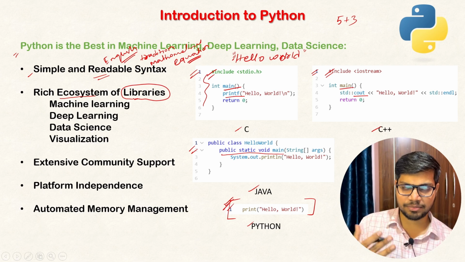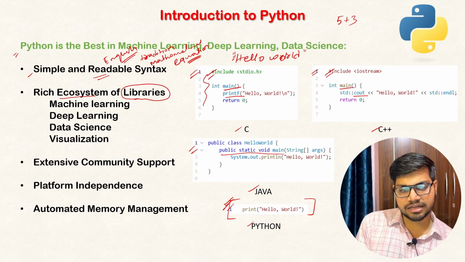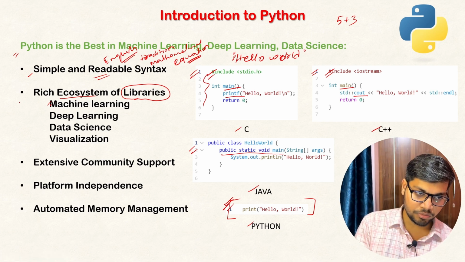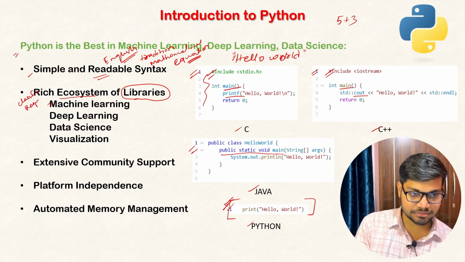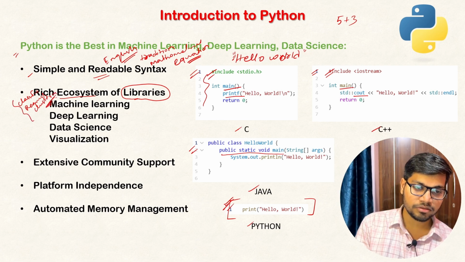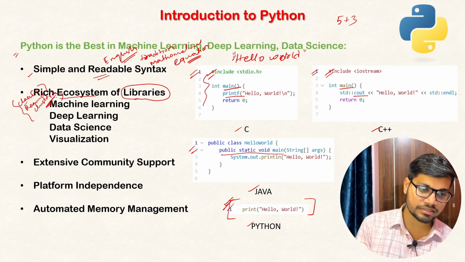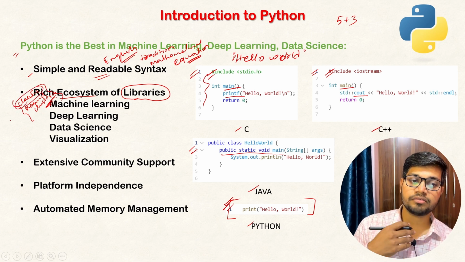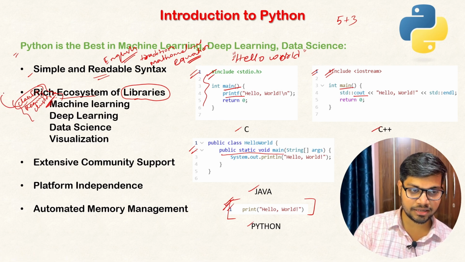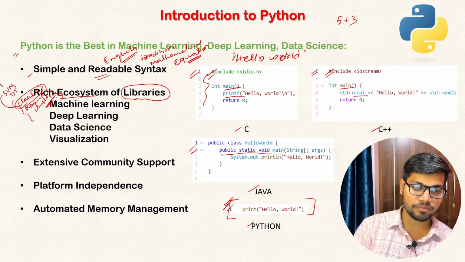So what are these libraries? Suppose let's take machine learning. In machine learning what are we doing? We are doing classification, regression, and clustering. These 3 things we do in the machine learning area. Let's take classification: there are various techniques like support vector machine, decision tree, naive Bayes.